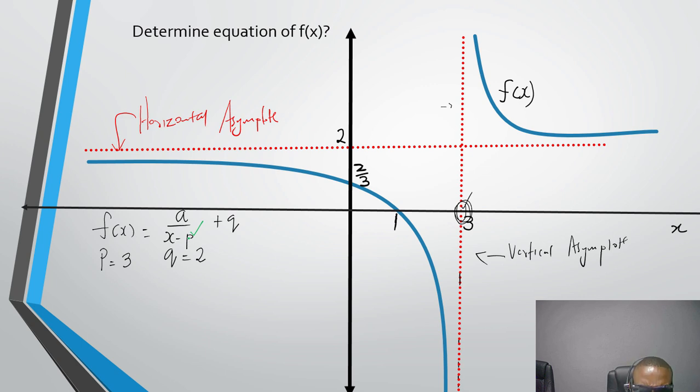So what I want to say is that p is exactly the x asymptote on the plane, exactly the value that you see on our graph, as long as we have got a negative sign here. As long as we have got x minus p, the value of p is going to be exactly the x asymptote as you see it on the graph.